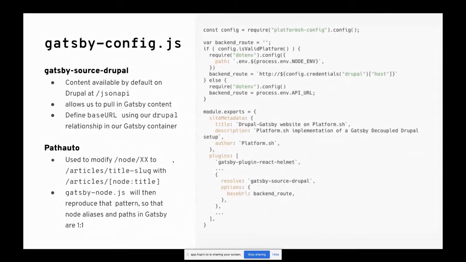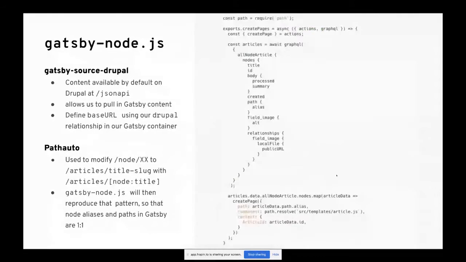And in this case, what we're doing is we're exploiting that JSON API endpoint on Drupal and placing this GraphQL query to find every article specified at that endpoint, including the title, its ID, and all of its body text, the path alias that we've defined for it, and then its image, the URL of that image, and the alt title of that image.